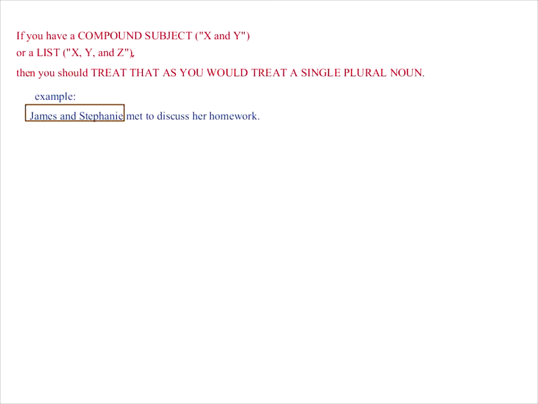Okay, you should act as though this is one word. So this is every bit as wrong as pulling like 4 letters out of an 8-letter word. Like you can't use a pronoun to refer to half a word. So it's a difficult concept, but James and Stephanie, as far as you're concerned, is one piece.